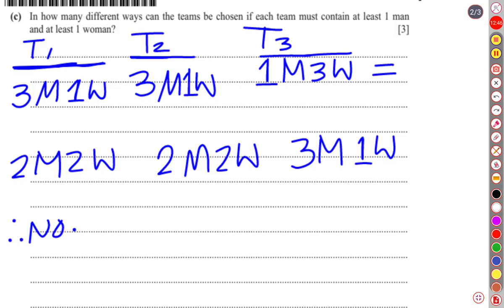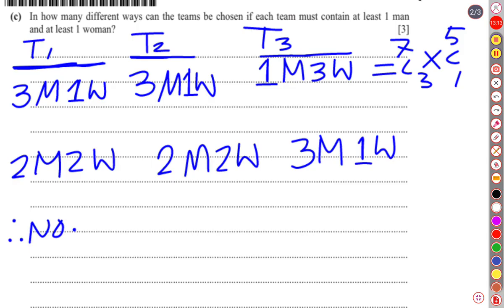Out of 7 we have chosen 3, so 7 choose 3, into 1 woman out of 5, so 5 choose 1. This is for the first team. Please don't forget that we have to form all of the teams simultaneously. That's why it is multiplication, not addition, remember.